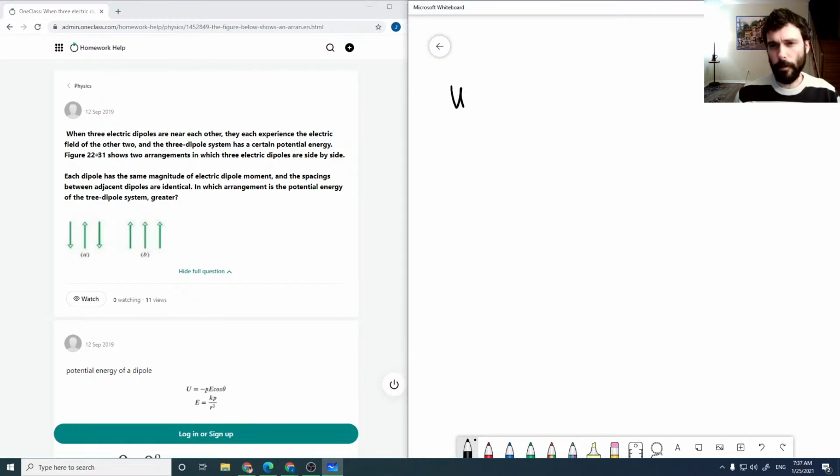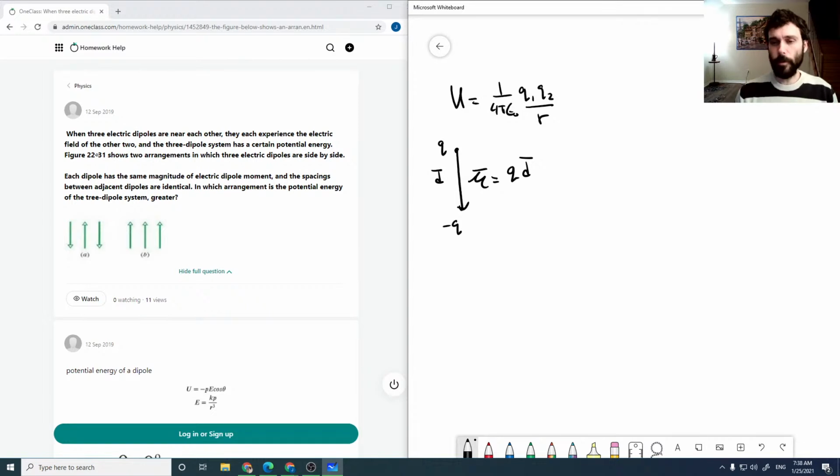So our potential energy for two charges is Q1 Q2 over R. A dipole, though, is a charge times a distance, or a displacement, where we usually have two oppositely charged species at either end. So this is kind of our simple dipole. And so it's actually a vector quantity.